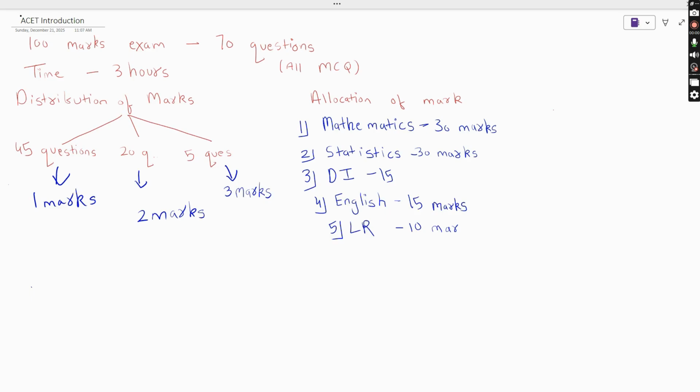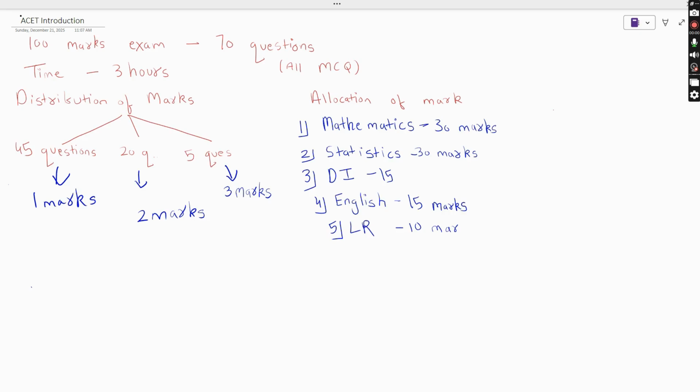So studying them well is very important, because if we do not understand the basics correctly and get our foundation right, then it would be a problem in the further papers. We can clear the ACET by just having decent mathematics and statistics.